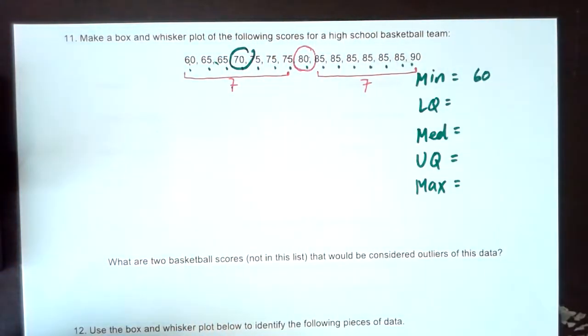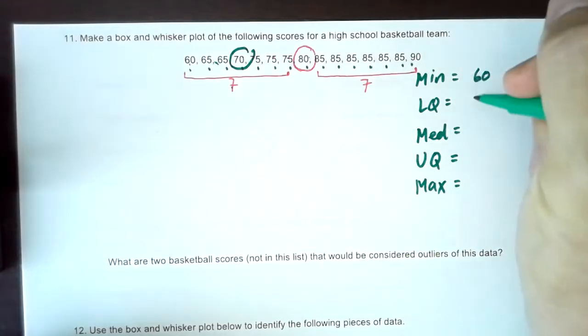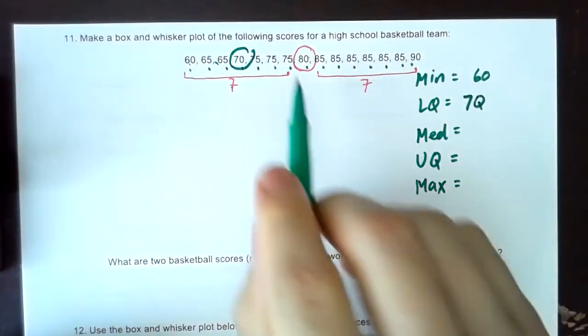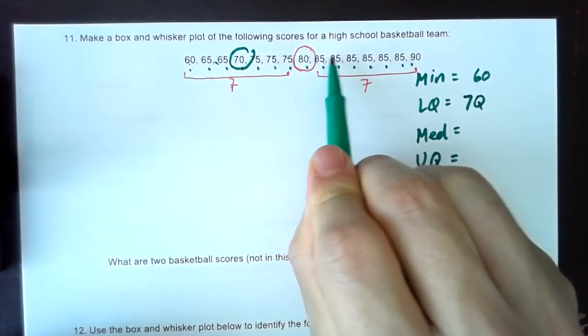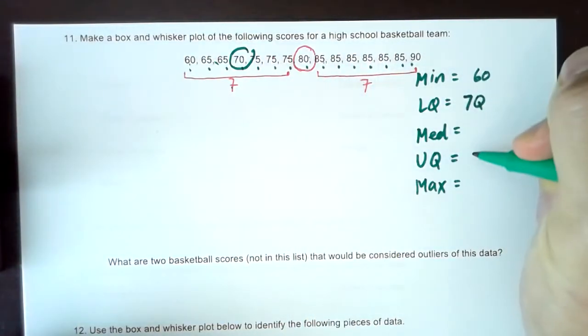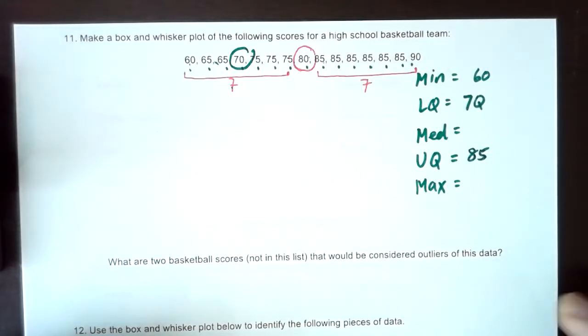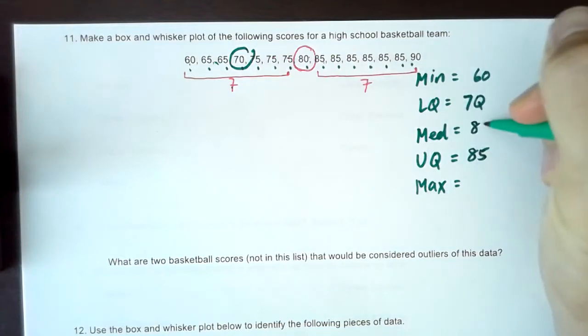So 70 is going to be my lower quartile. The fourth number here is 85, and that's the upper quartile. My median is actually 80, which I calculated already.